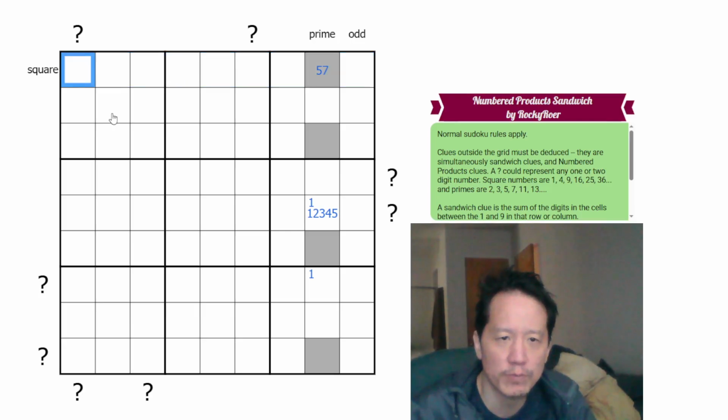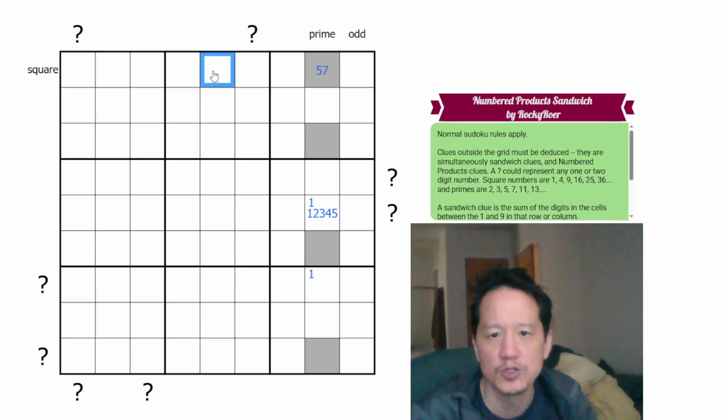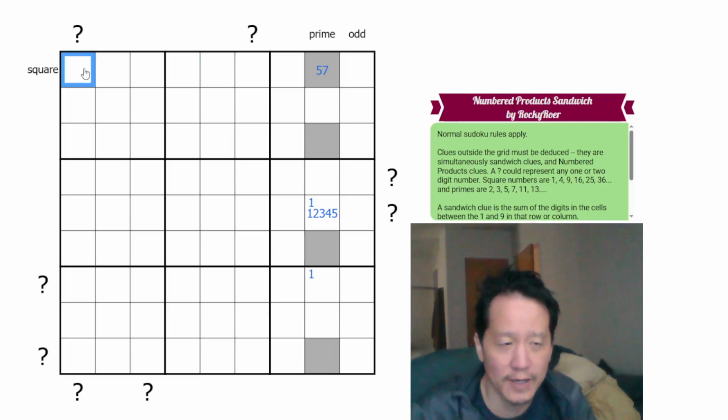You can't have the 1 by itself, because the sum in between would have to be a 4 also, right? So that doesn't work either. So if this is 4 and this is 1, the problem is the 4 cannot be in between the 1 and 9, and there's no 2 digits that add up to 4 that could be in between 1 and 9. So 4 doesn't work.